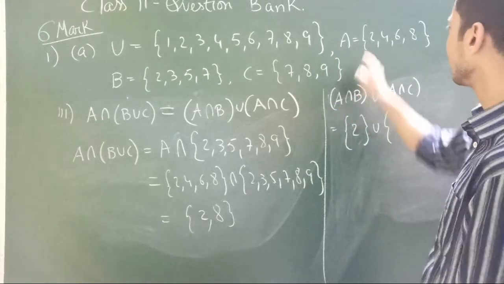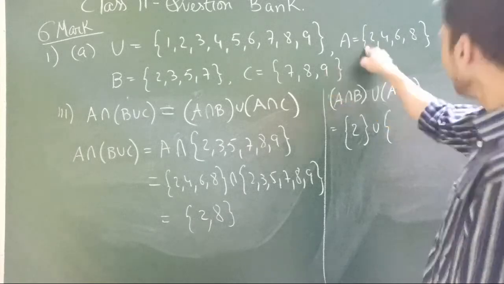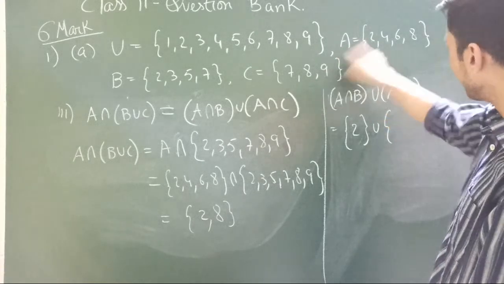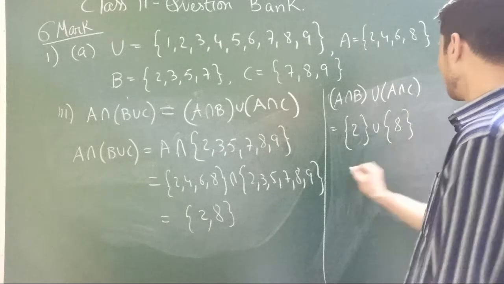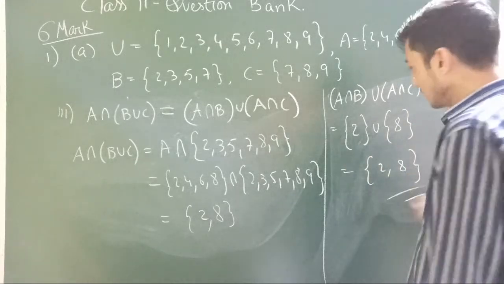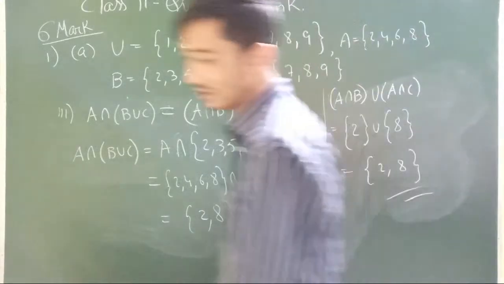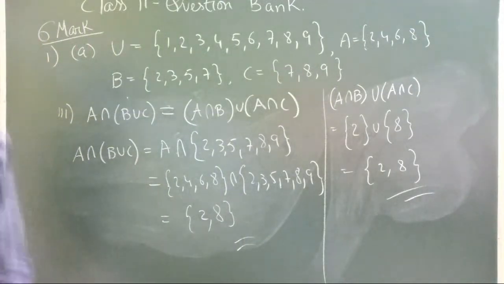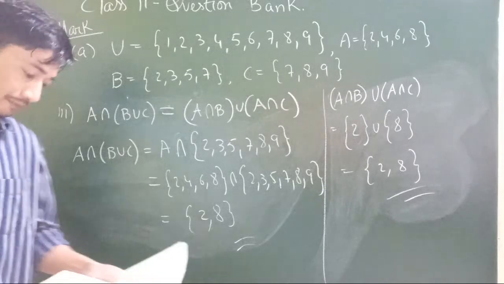Union A intersection C: A and C, what do we have in common? 8. So this is the union of it: 2, 8. So as you can see, the verification is already done. I guess that last line you can also write down, no? The verification line.